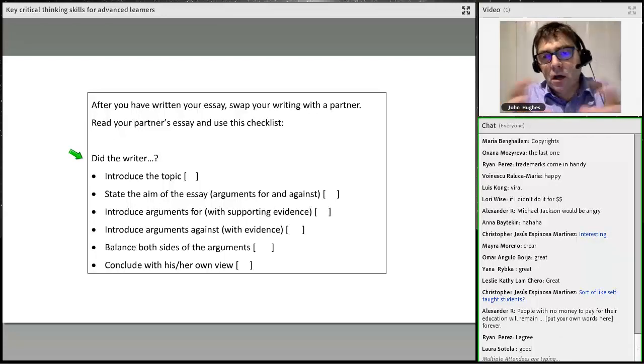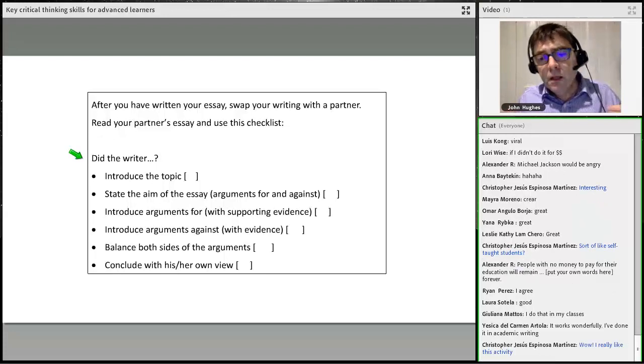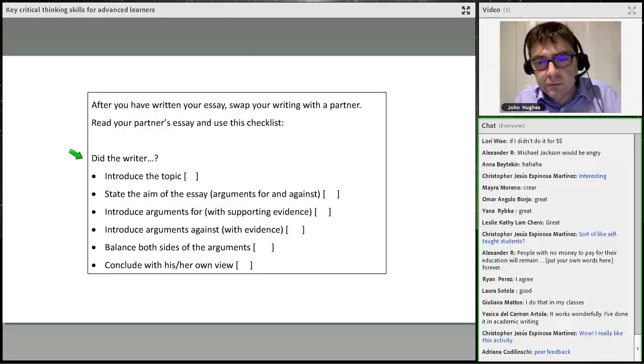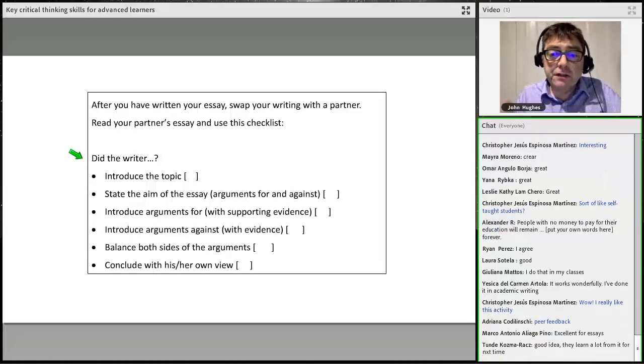So you just design the form according to whatever it is they're writing. Or you could design the form for presentation skills. If students were giving a presentation, they could also do it. Yeah, Jessica's done it with academic writing. It's not a new activity, and we use it quite a lot in the Life books on the writing pages where students give peer feedback.